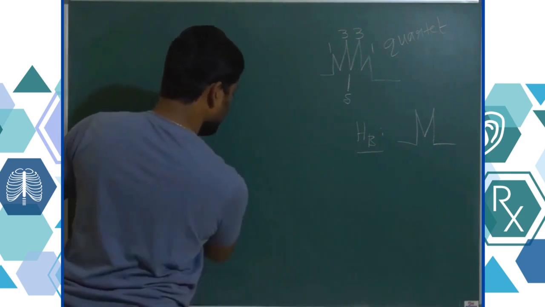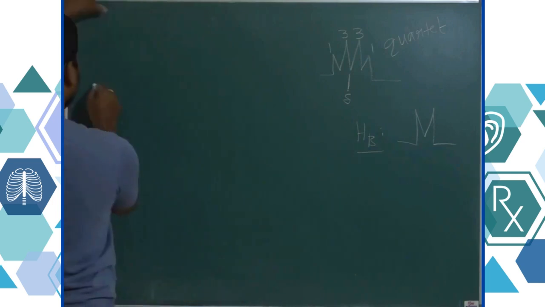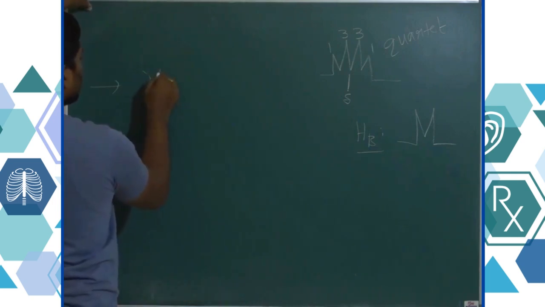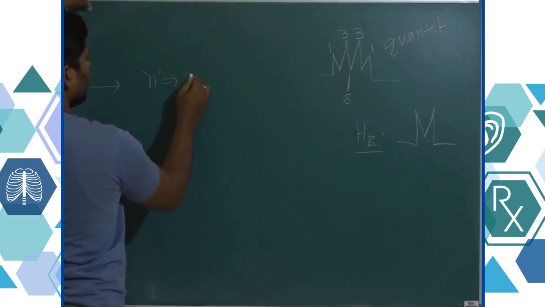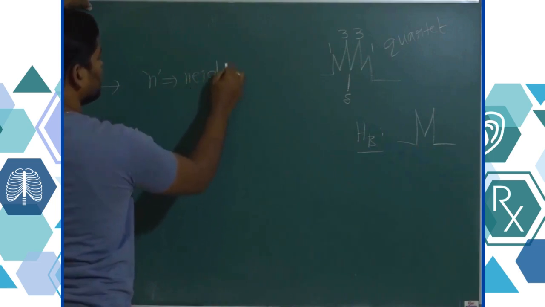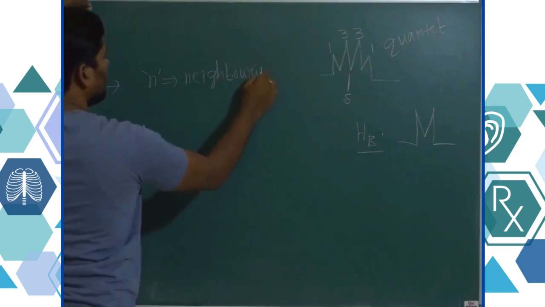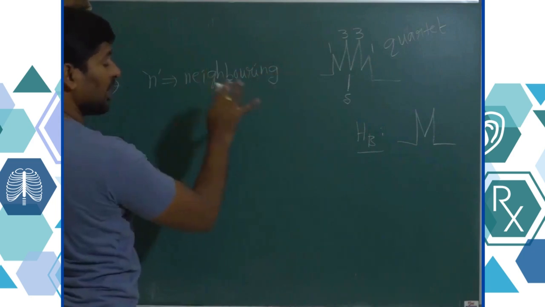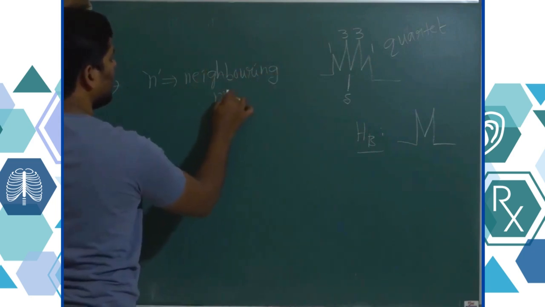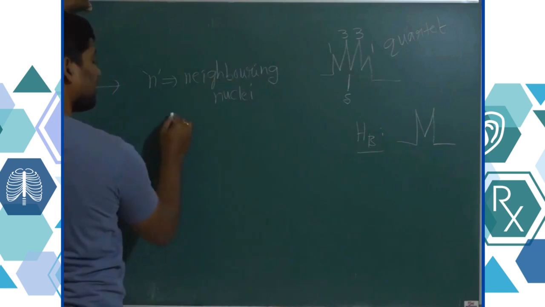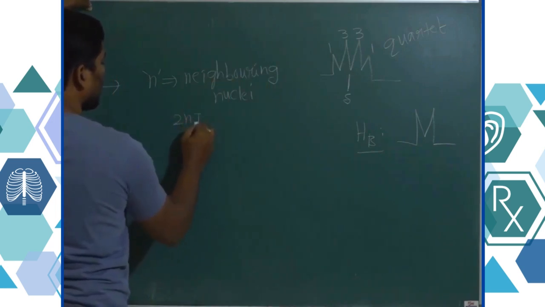So in general, if a nucleus interacts with n neighboring nuclei, then the signal splits into 2nI plus 1 lines.